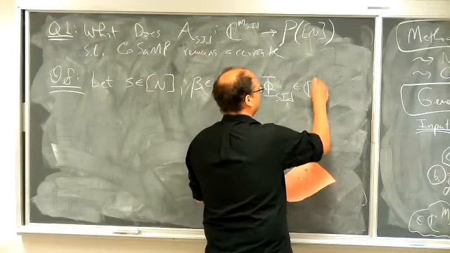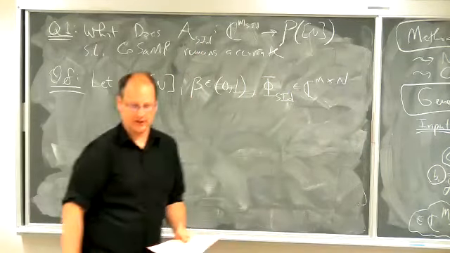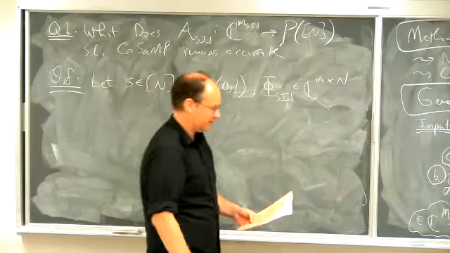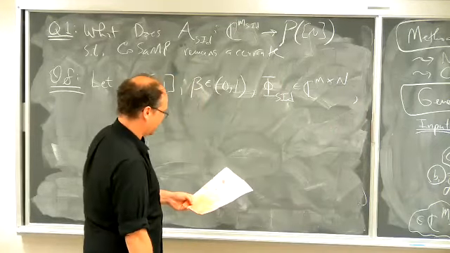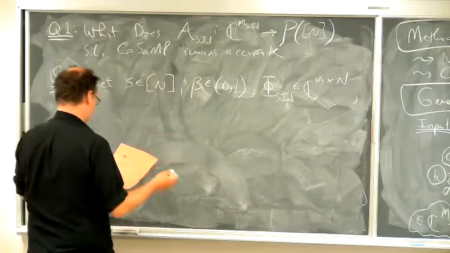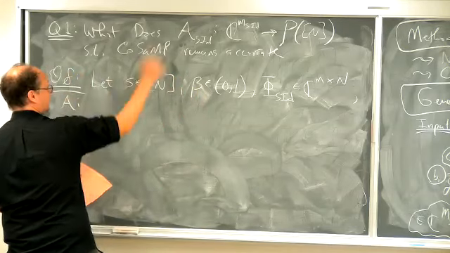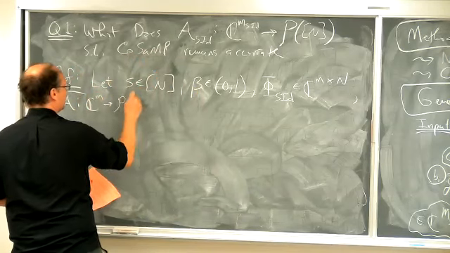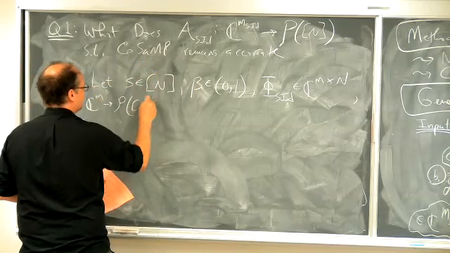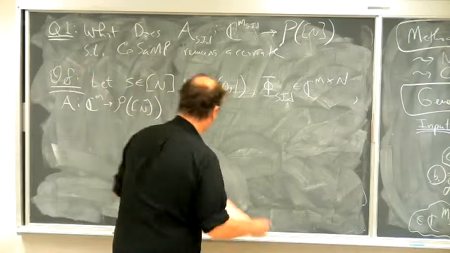I'll say it's M by N. We have some matrix which is going to give us measurements, and we have our algorithm of this type, which outputs some set of indices that should hopefully be a good support set.